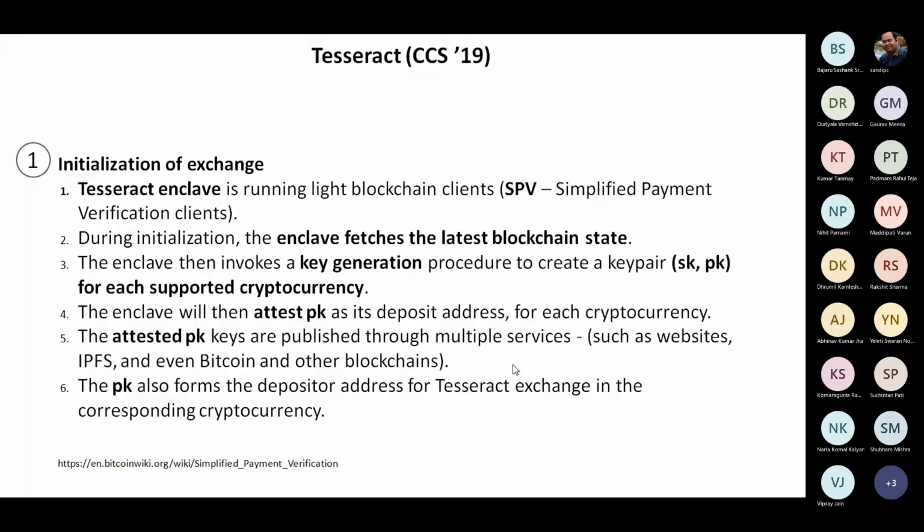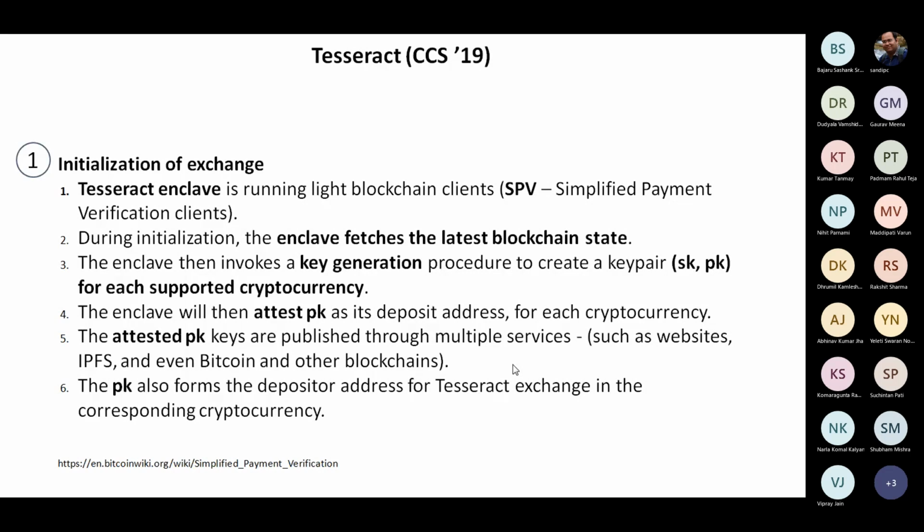So when this Tesseract is installed, during initialization, it gets the latest blockchain state. Meaning that it gets the state of, say, Bitcoin. So it knows the latest block in the Bitcoin chain, and it keeps that, and then it generates a key.